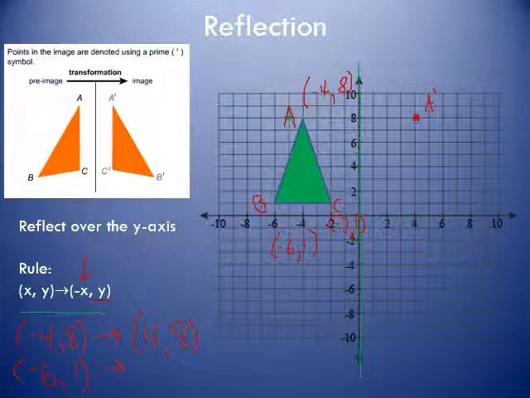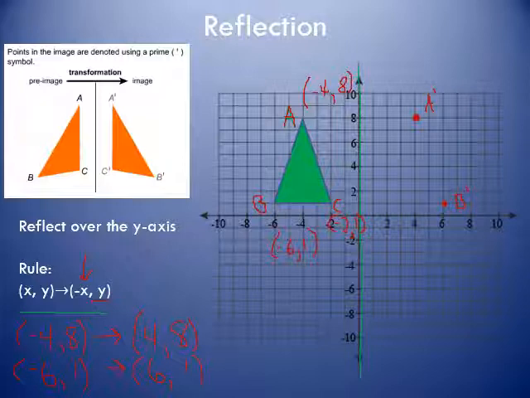So following the rule, again, my new x coordinate is the old x coordinate, just changed the sign. So it was -6, it becomes 6, and my y coordinate is 1. So B prime is going to be located at 6, 1. And that would be right here. I'm going to go ahead and label that B prime. And then last one, C.